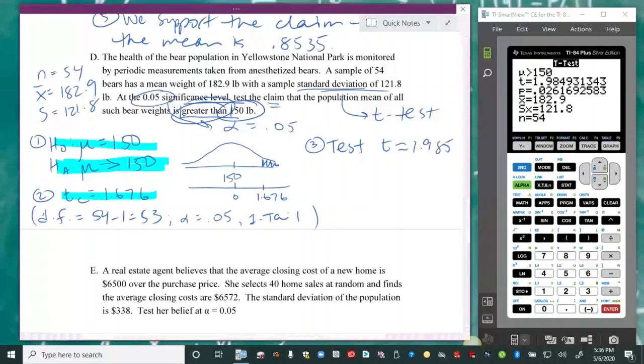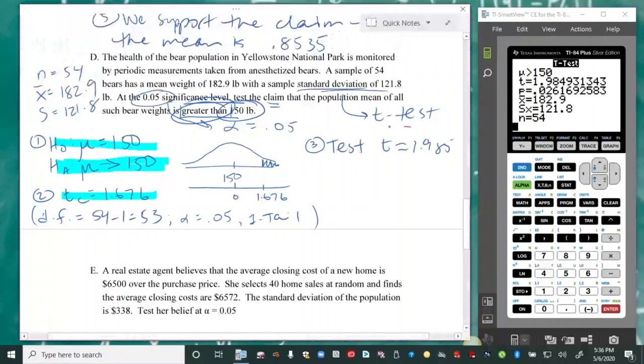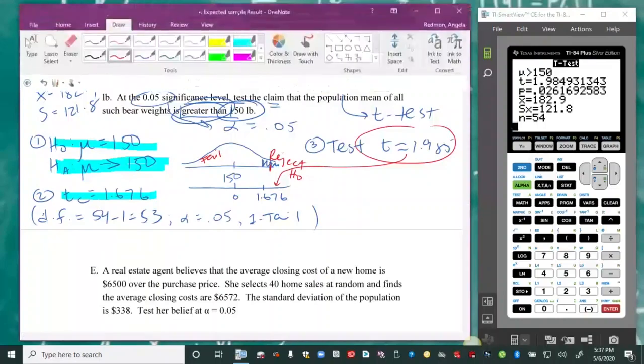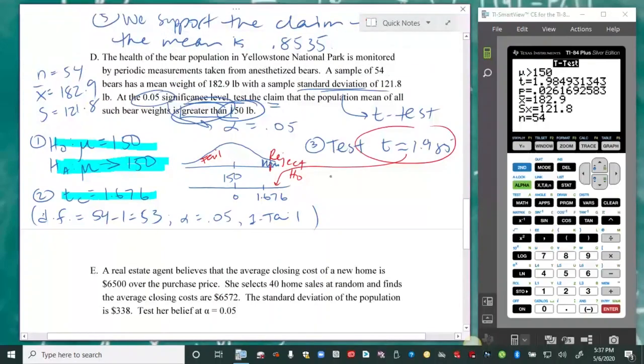If I put 1.985 onto my normal curve, it lands here, which is in my rejection region. So we reject if we're in the tail, and we fail to reject if we're not in the tail. So we end up rejecting this null hypothesis. So step number 4, reject the null hypothesis. Step number 5 is to state our summary.